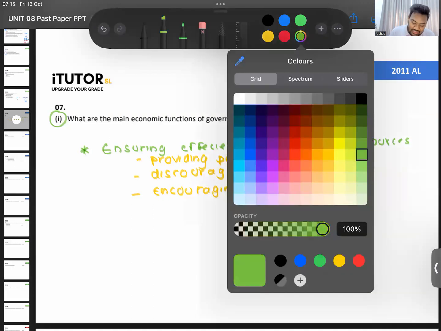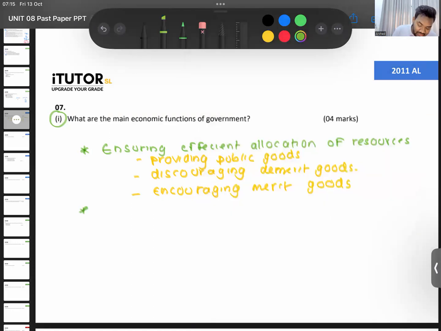Then apart from this, guys, what are the other main functions? So one main function is ensuring efficient allocation of resources. Apart from this, we can also say, ensuring fair distribution of income. So this is to make sure there is no income inequality.